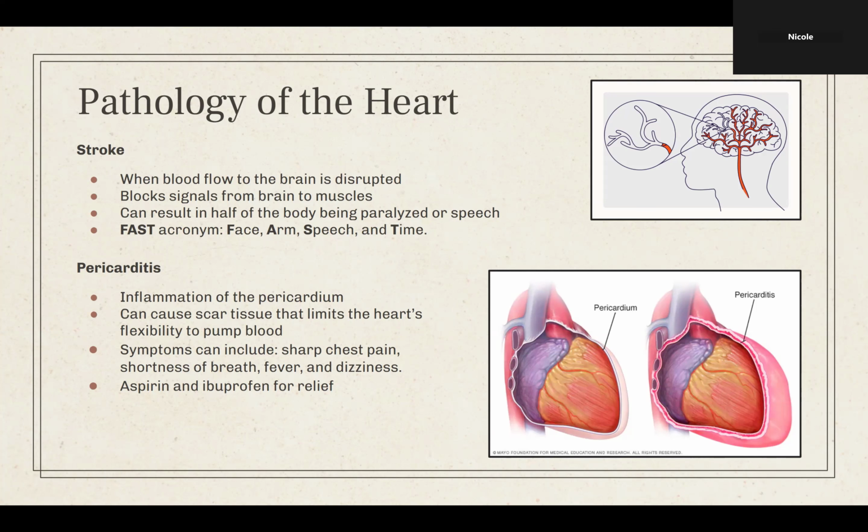You could ask a person to raise both of their arms, and if they're unable to raise their right or their left, then that means one of their sides is unable to move. And then next is speech. You can ask a person to try talking, but if they have slurred speech or they struggle to talk, then that's also another sign of a stroke.